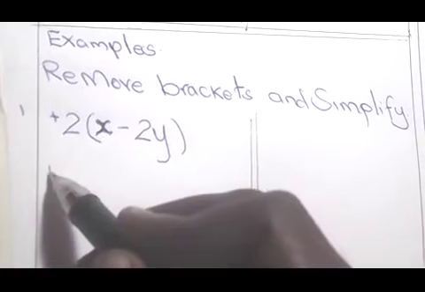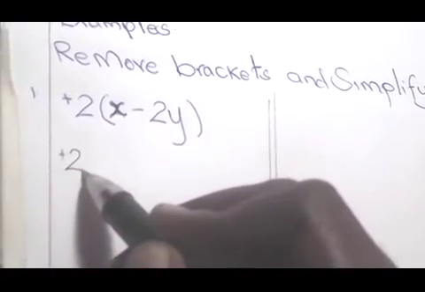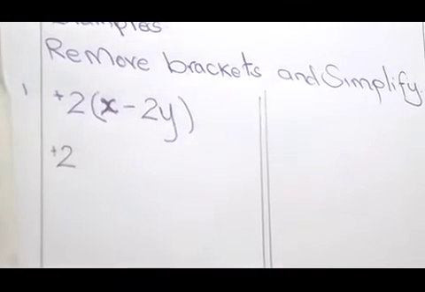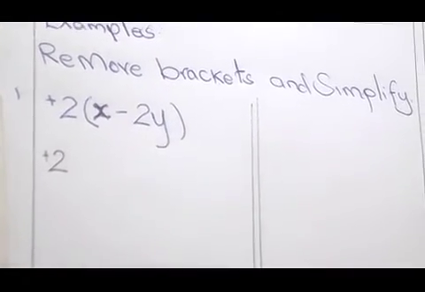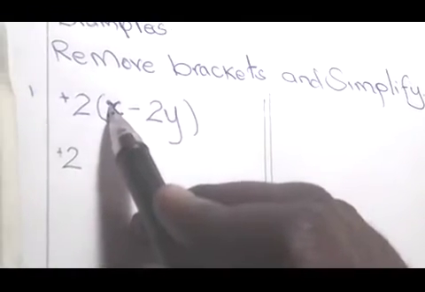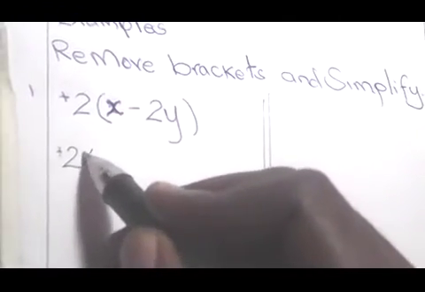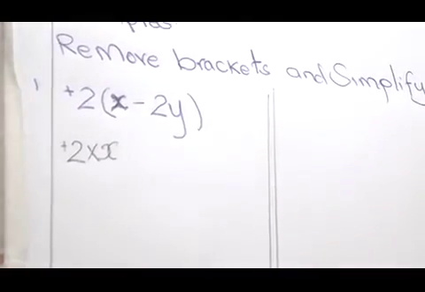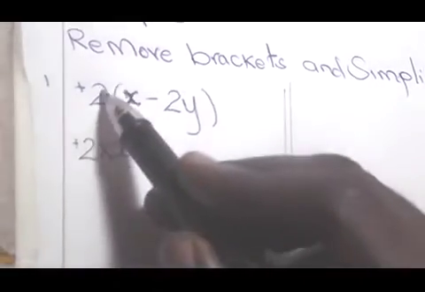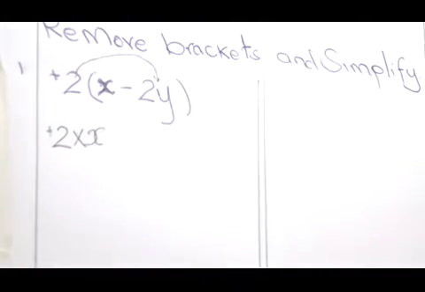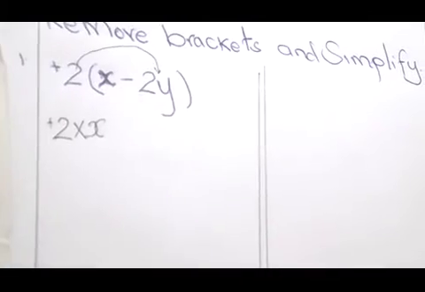Here we have a positive 2. Brackets, remember under BODMAS, we said brackets mean multiplication. So we are going to multiply this positive 2 times the x. So we put there the multiplication sign, times x. Then we take the same number outside the bracket and multiply it with the next term, that is a negative 2y.